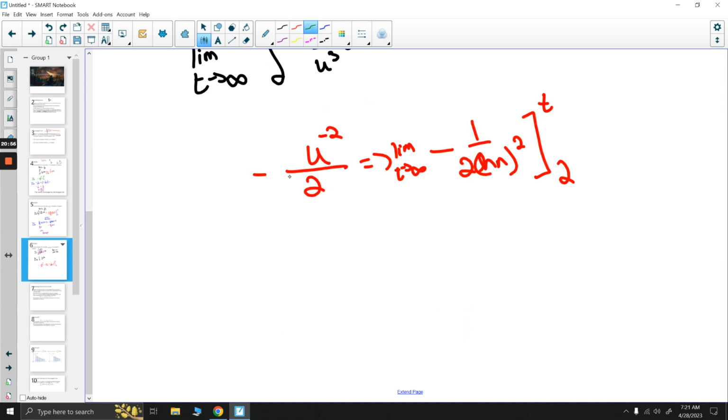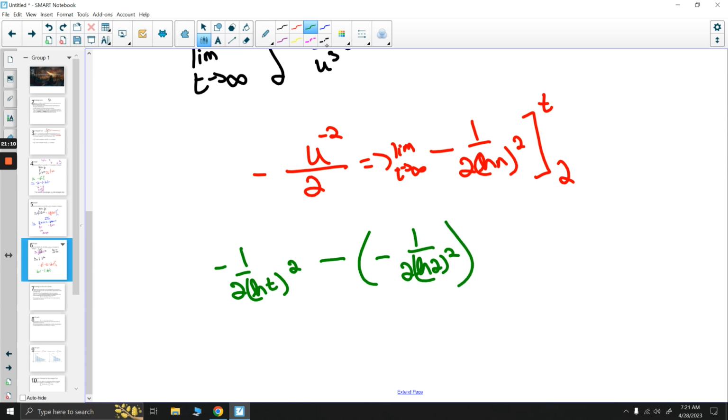Okay, so we'll plug that in. We get -1 over 2 natural log of t squared minus -1 over 2 natural log of 2 squared. Okay, so as t goes to infinity, this thing here goes to infinity.